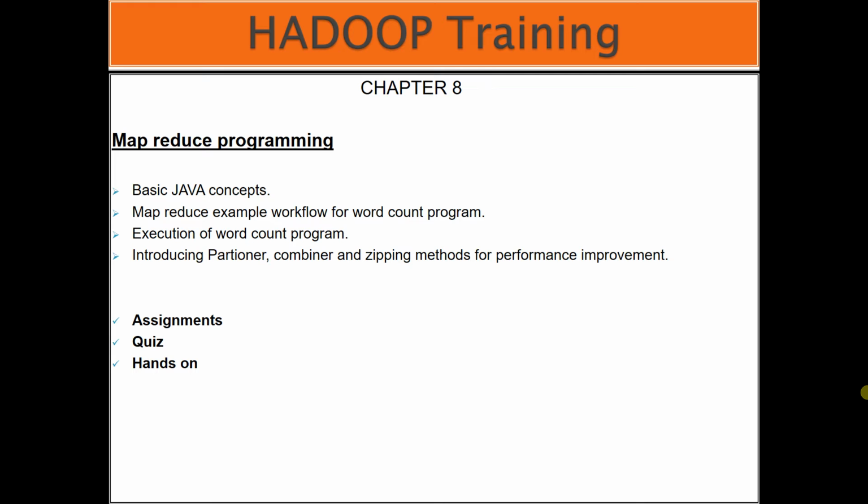In MapReduce programming, we'll see the MapReduce example flow with the word count program. Before running this program in Eclipse or in the Java console, we will see the complete logical flow: how the MapReduce job really processes a file, how the record reader reads the file, then it goes to the mapper class, then the map function, and how the key-value pairs are passed among these.